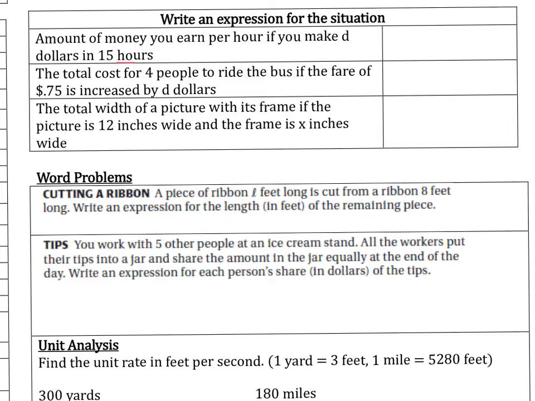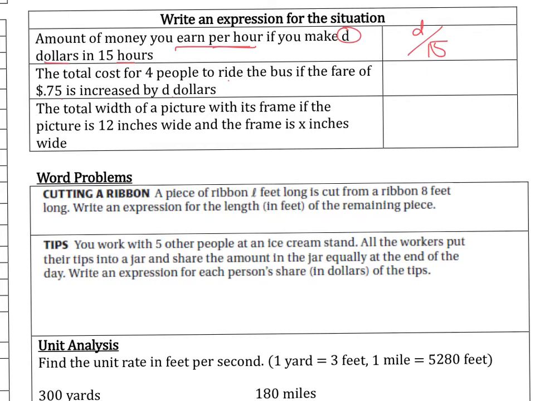So you want to find how much you earn per hour, and this D will represent the total amount you make. So if you take D and divide by 15, you will know the amount you make per hour. The total cost for 4 people to ride the bus if the fare of 75 cents is increased by D dollars.